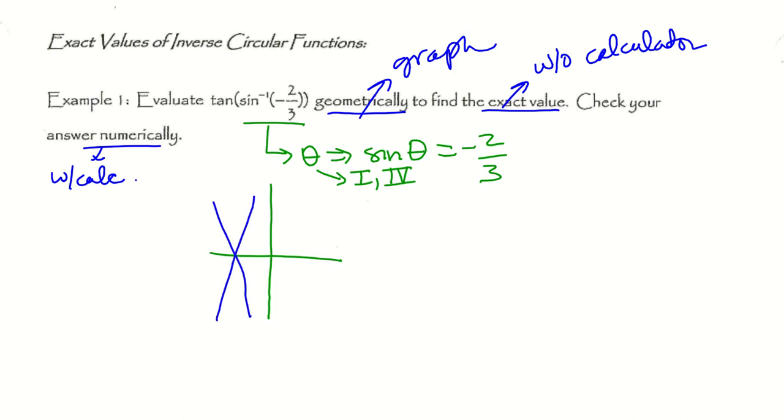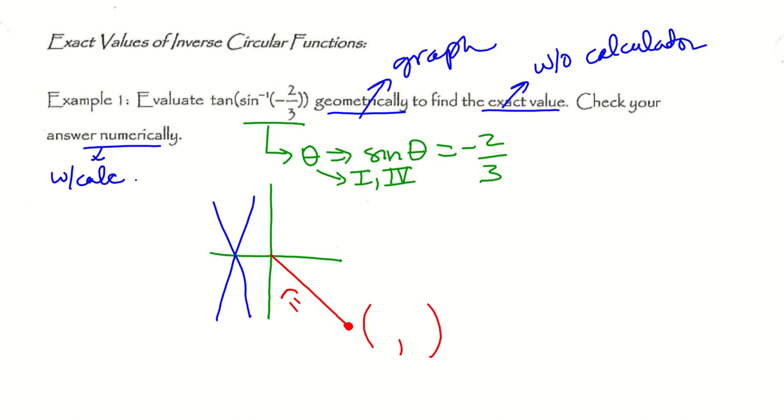So if I have a quadrant 1 angle, I know that my sine will be positive. My sine will be negative in quadrant 4 because sine depends on y, and y's are negative in quadrant 4. So I know that the angle that I'm looking for will be a quadrant 4 angle because the sine is negative there. And there will be a point on the terminal side that will have coordinates (u, v), and there will be a radius here.